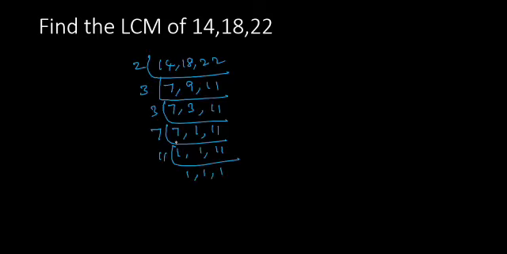Now just multiply all these factors: 2 into 3 into 3 into 7 into 11. 2 into 3 is 6, 6 into 3 is 18, 18 into 7 is 126, and 126 into 11 is 1386.